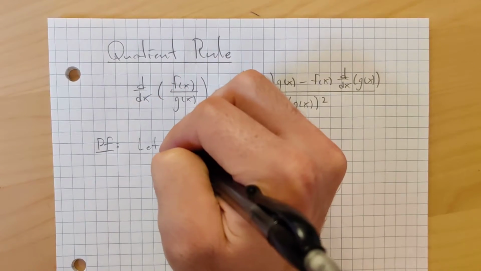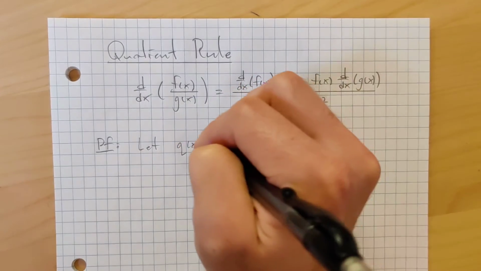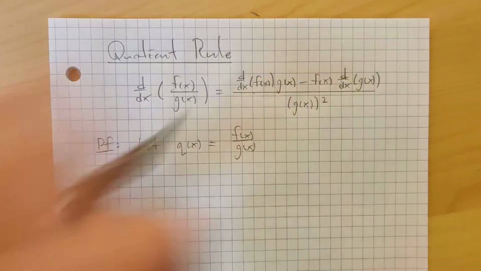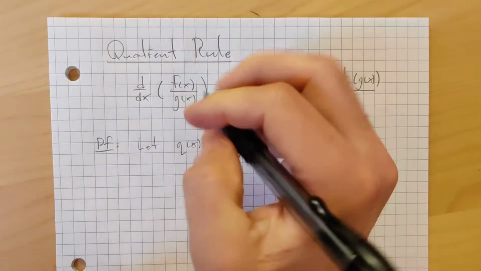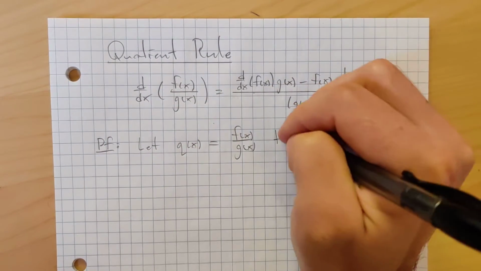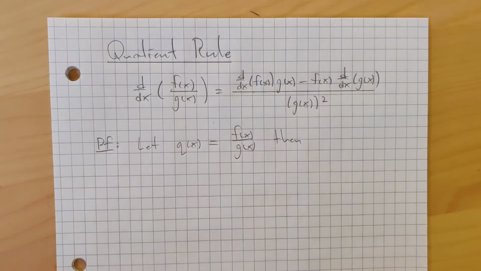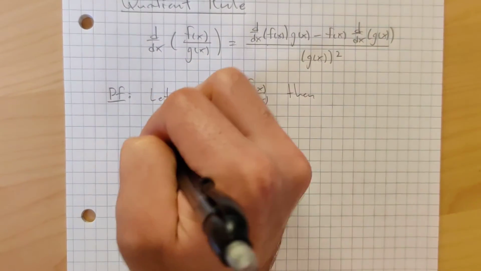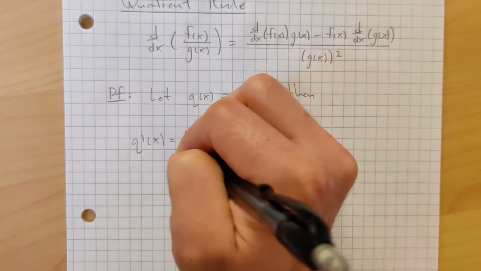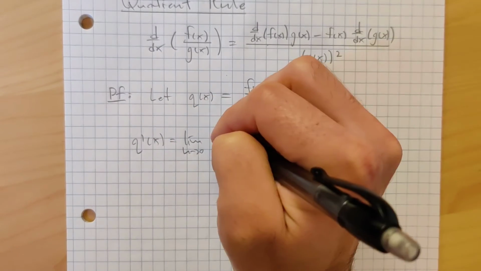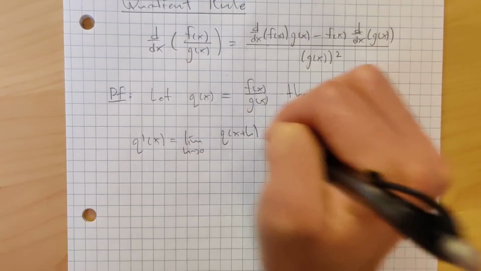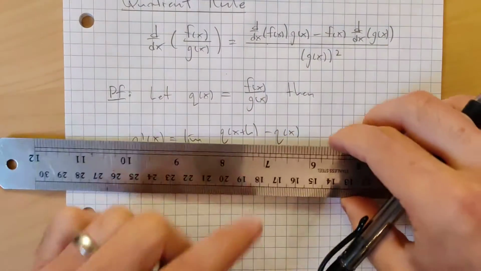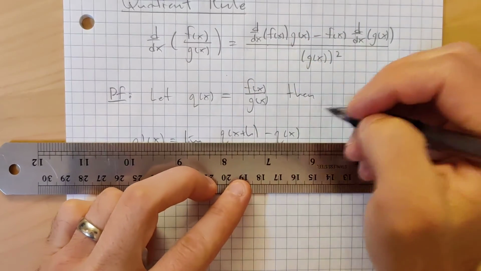So we're going to let's call it q of x, for quotient, be f of x over g of x. Okay, and of course, then we're going to take its derivative. So then q prime of x is going to be the limit as h approaches 0 of q of x plus h minus q of x over h.